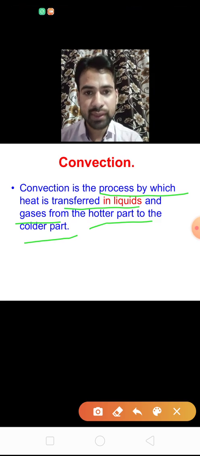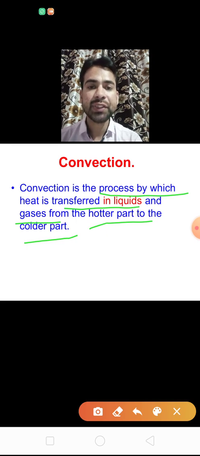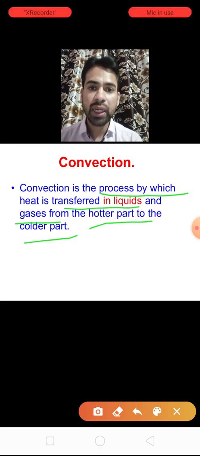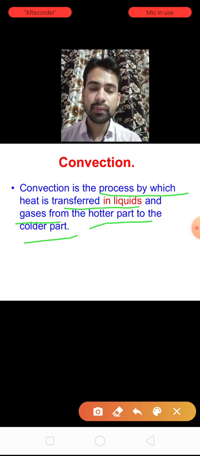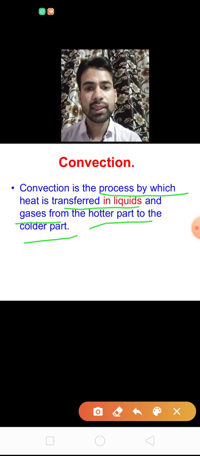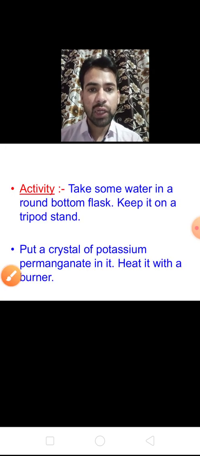I repeat once again, convection is the process by which heat is transferred from the hotter region to the colder region in liquids and gases. So this is convection. Clear? Now regarding convection, there is an activity.